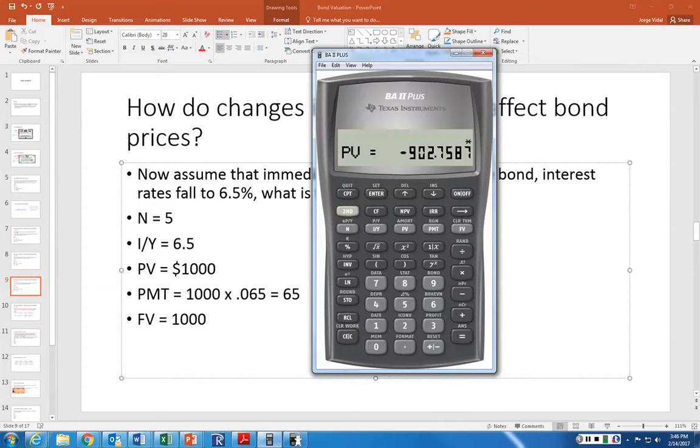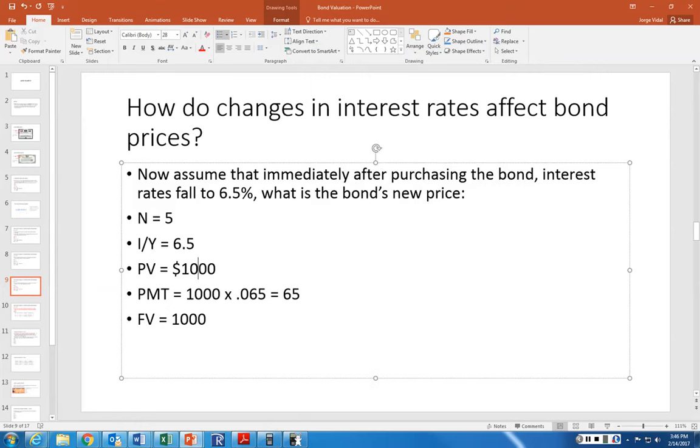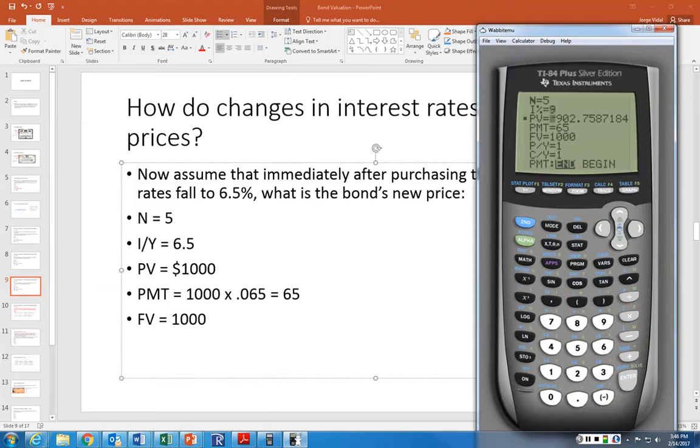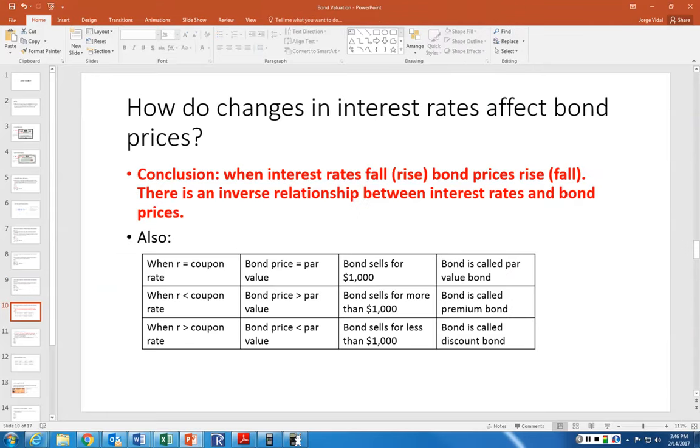For instance, here 6.5 IY, compute present value, see, exactly 1000. In this calculator, 6.5, alpha, solve, 1000.